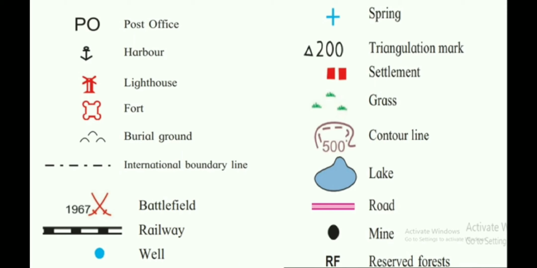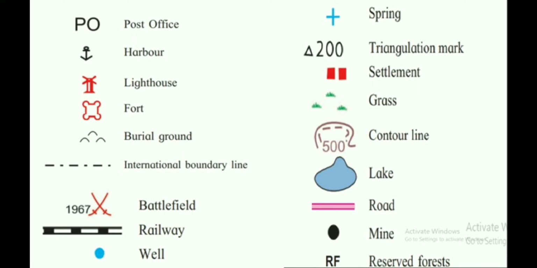Fourth is a small picture of a fort. Then next is burial ground. Next one, international boundary line, means our Indian boundary line. Next is related to war, like battlefield. It's related to history. Then the railway sign you can easily identify. Then wells and springs. This is hospitals.